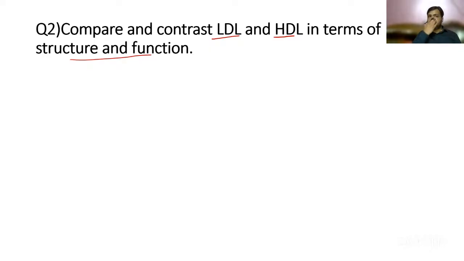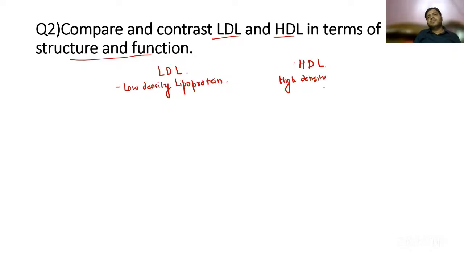Now let us try to understand the basic differences between LDL and HDL. LDL, you already know, is the low density lipoprotein, and HDL is the high density lipoprotein. What is the primary function?